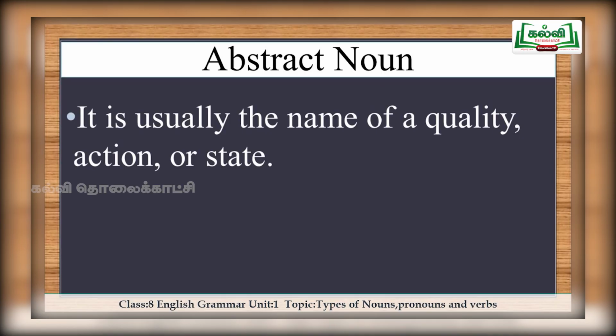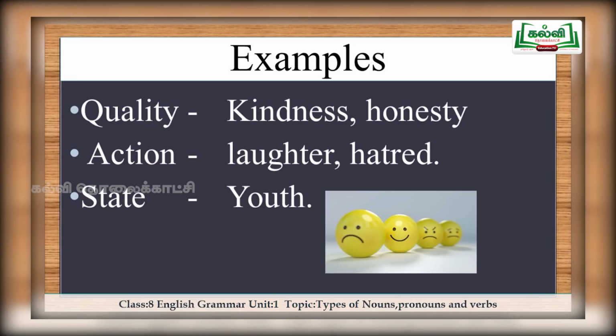It's abstract noun. The word abstract means that we can't see and touch it. If we can touch it, it is a concrete one. So generally what will come under abstract noun? It is usually the name of a quality, action or a state. Let's check examples. For quality, I have given two examples: kindness, honesty.